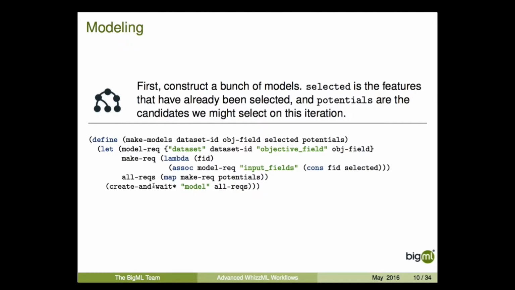So again, you already can kind of see the payoff here in terms of efficiency. Rather than having to create all of these model requests by hand in the UI, all you have to do is use this create and wait star function, and you can create potentially thousands of resources with a single line of code.